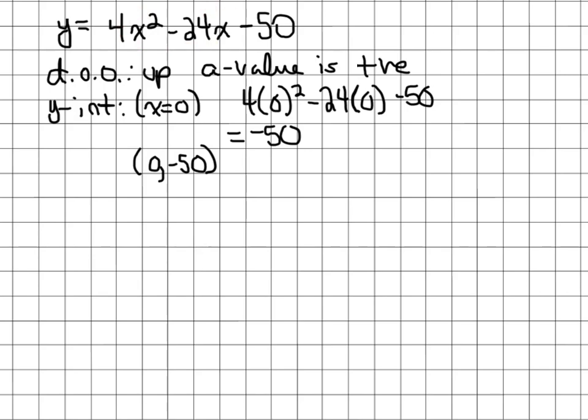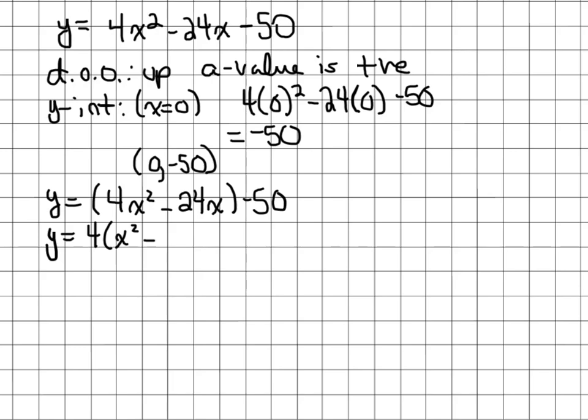So going through my process, I'm grouping together my first two terms, leaving my units off to the side, common factoring out the 4 from only these two terms, because those are the only two that matter with the chart. So I have x squared minus 6x.